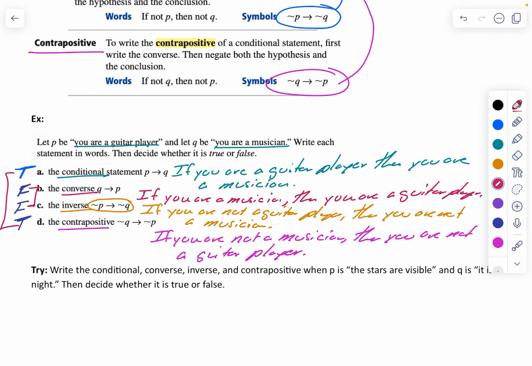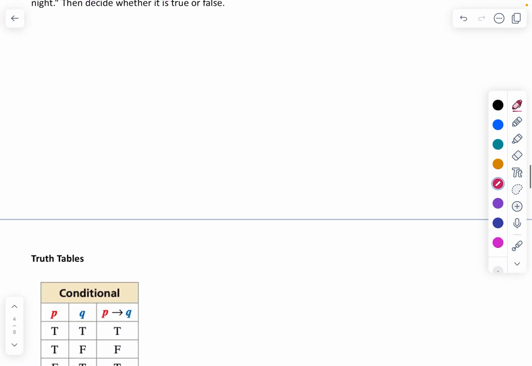But if the converse is not also true, then you will notice this pattern. The conditional and the contrapositive have the same truth value. They could both be false and the other two could be true. I'm just saying the conditional and the contrapositive have the same truth value. The converse and inverse have the same truth value.